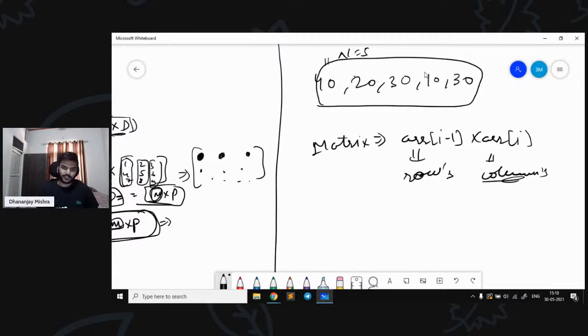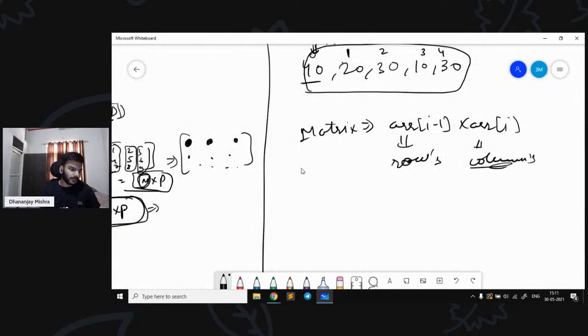If I start from this index, marking all my matrices, it will not be possible because it is at the 0 index. It says that to get the rows of a particular matrix, we have to go one step back to array[i-1]. But here, if I do array[i-1], I will get index minus 1, so it is not possible, right? It will give us an error. So that's why we will be starting from index number 1 and start looking at the matrices that can be formed.